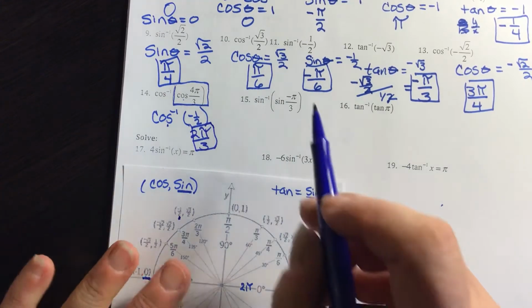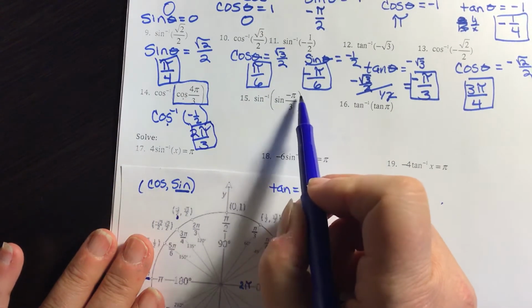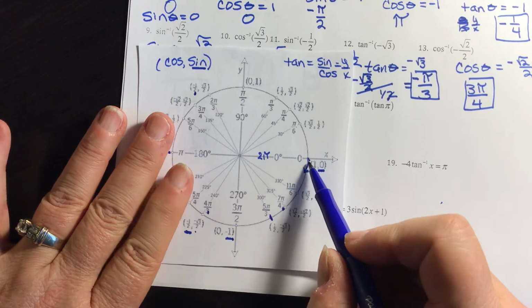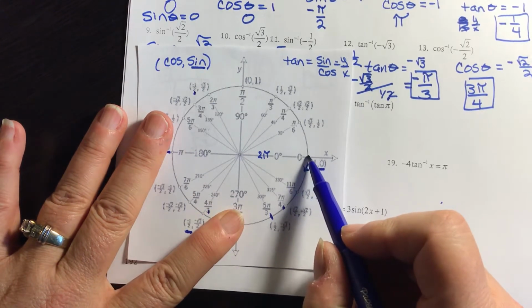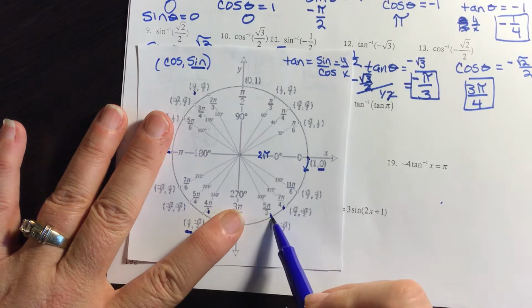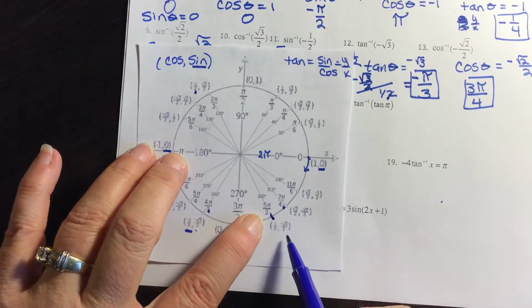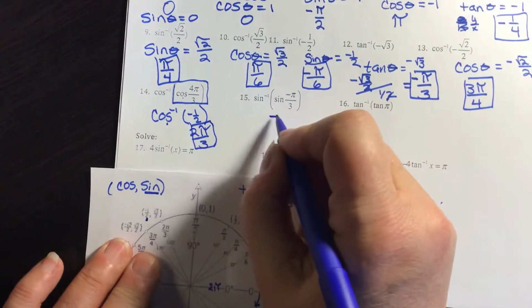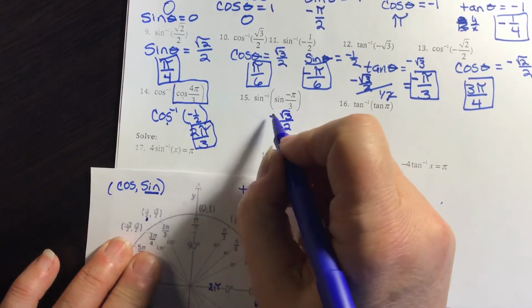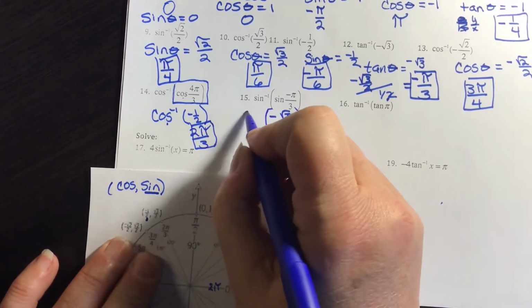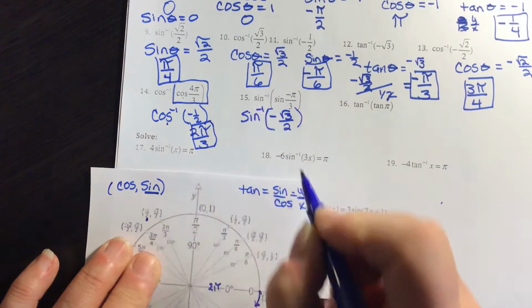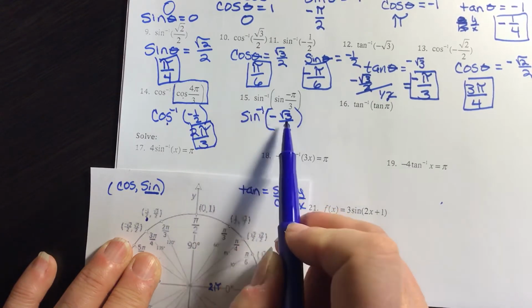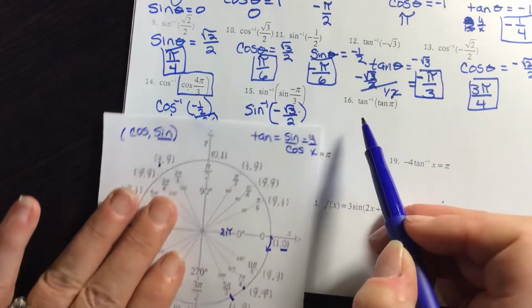Number 15. Again, I'm looking for sine of -pi over 3. If I look back here, -pi over 3, if this is 6 pi over 3, -1 pi over 3 would be right here. And the sine of that value is negative square root of 3 over 2. So if now I want to find out the inverse sine of that, what angle has a sine of -√3 over 2?